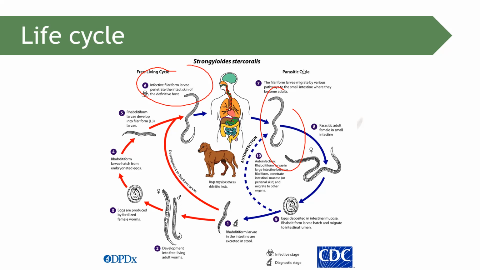Siyempre, itong egg na to, deposited in the intestinal mucosa, the egg will rapidly mature into Rhabditiform larvae. Kaya nga usually, yung mga larval stages ng parasite natin, ng Strongyloides, yun yung madalas nakikita as compared to the egg. Okay?